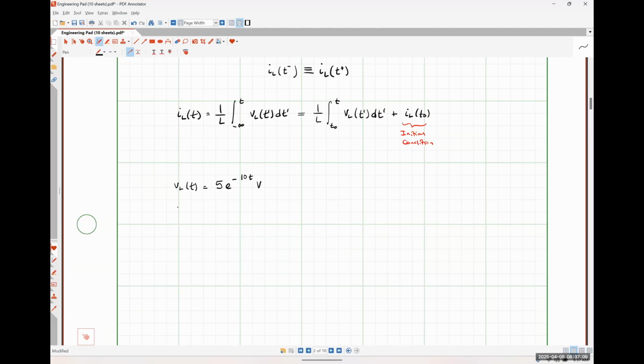Let's say that L is equal to 3 henries. Let's say that I_L at 0 was equal to 1/4 of an amp. And I want to know I_L at 3 seconds.